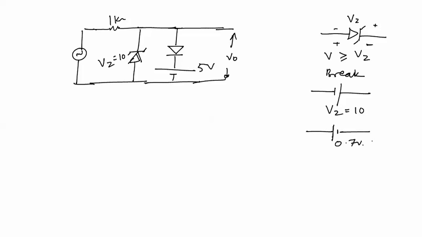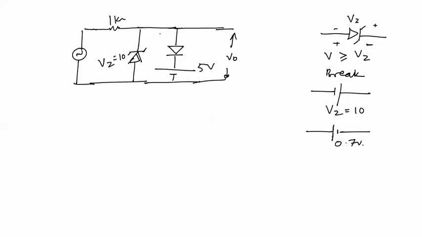Now first, initially we assume that Vi is 0 volt and we will increase this Vi above 0 volt. If Vi is greater than 0 volt, it is clearly seen that this Zener diode is reverse biased.